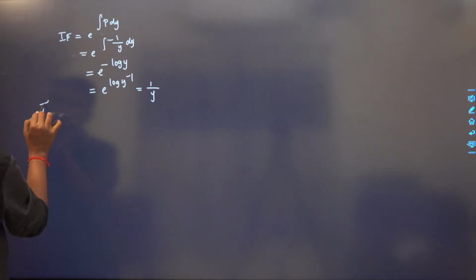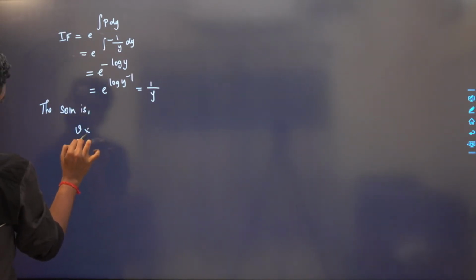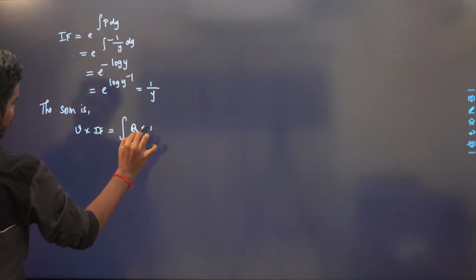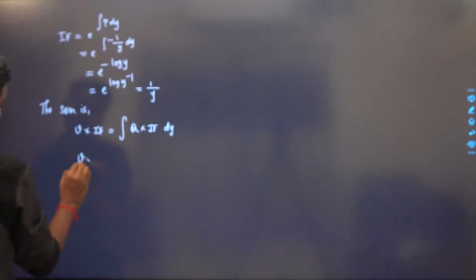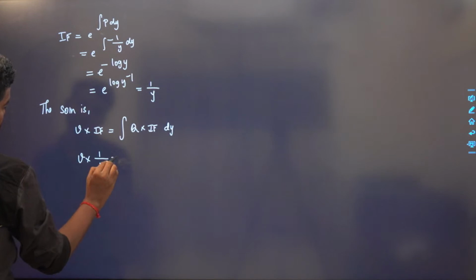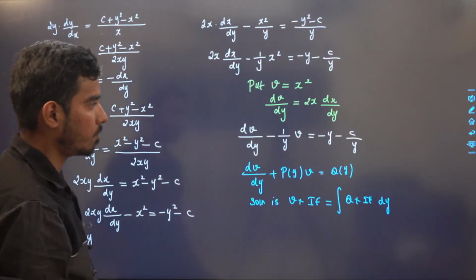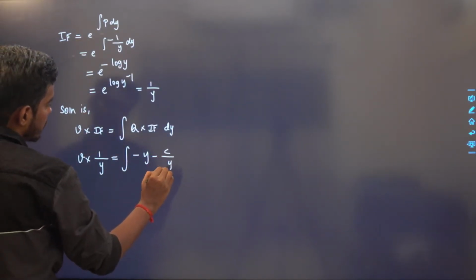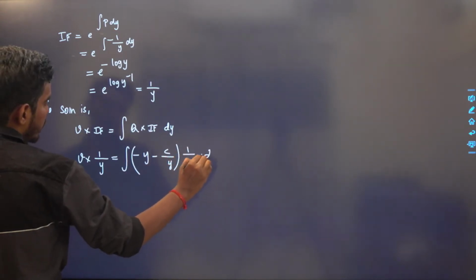Solution is v into integrating factor equals integration of Q into integrating factor dy. Integrating factor is 1 by y. Q is our RHS part, minus y minus c by y, times 1 by y dy.